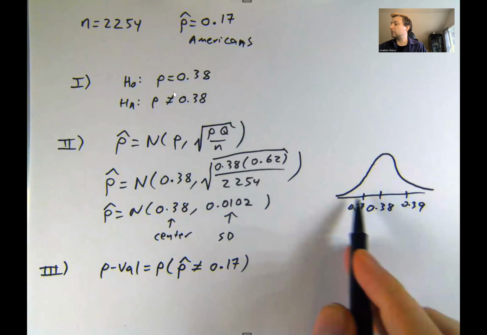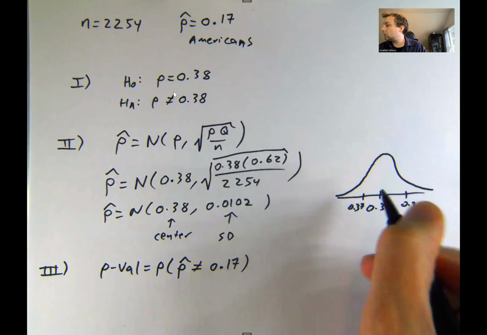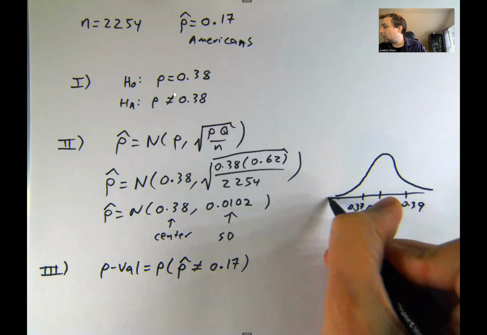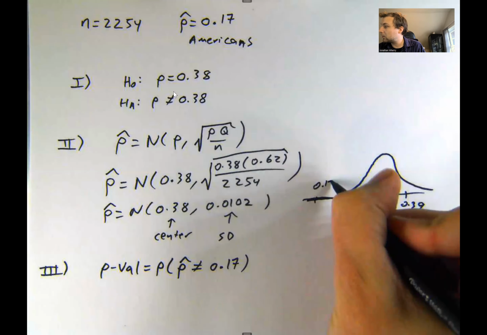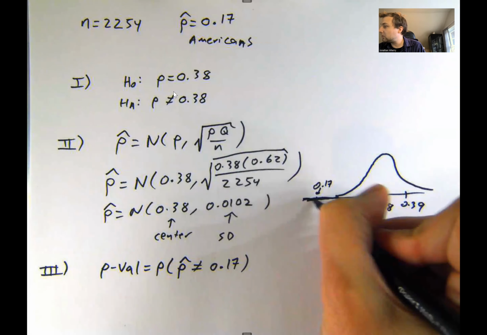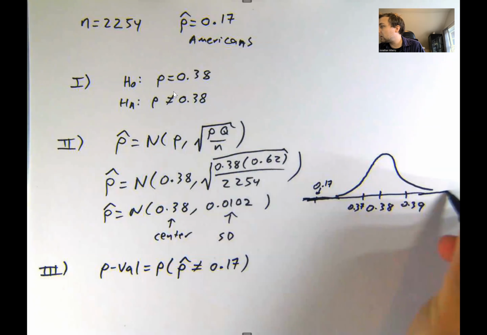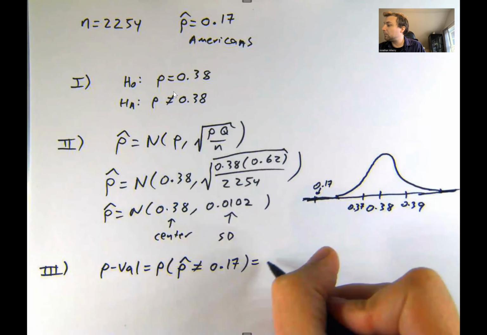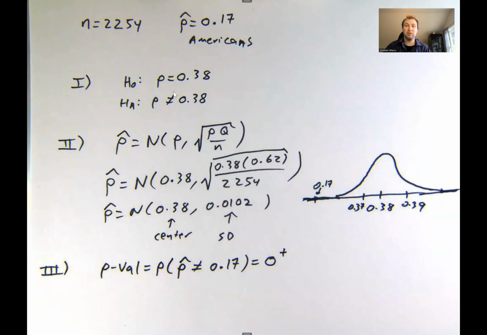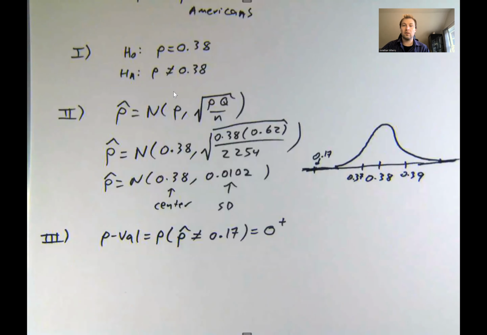If the null hypothesis is true, I'm putting the 17%, oh dang, 17% on this curve is going to be way, way out there. And I'm going to shade two tails, but it's hard to shade two tails here because it's super, super far away. Even from my picture, I can see that my p-value is going to be 0 plus. It's going to be a remarkably small amount of this curve that's shaded in. I still want to go through the process of finding this to verify that, though.